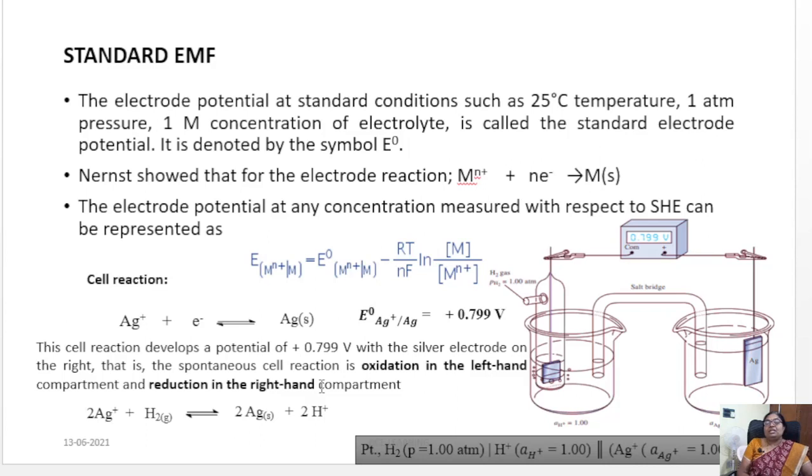We calculate the standard electrode potential by using the Nernst relationship.